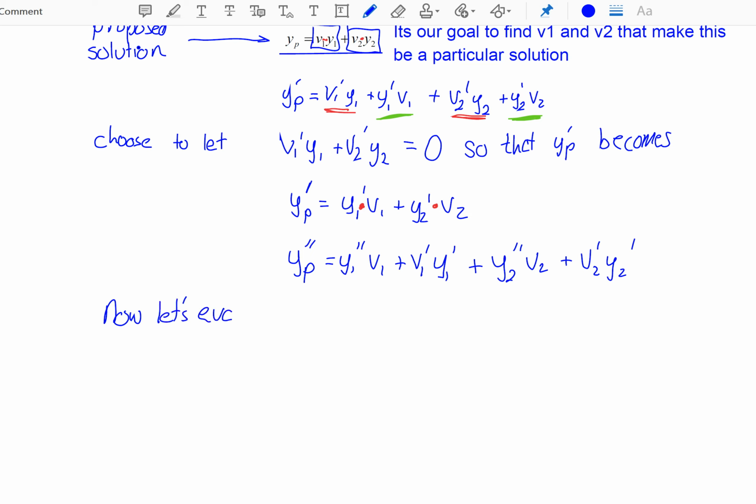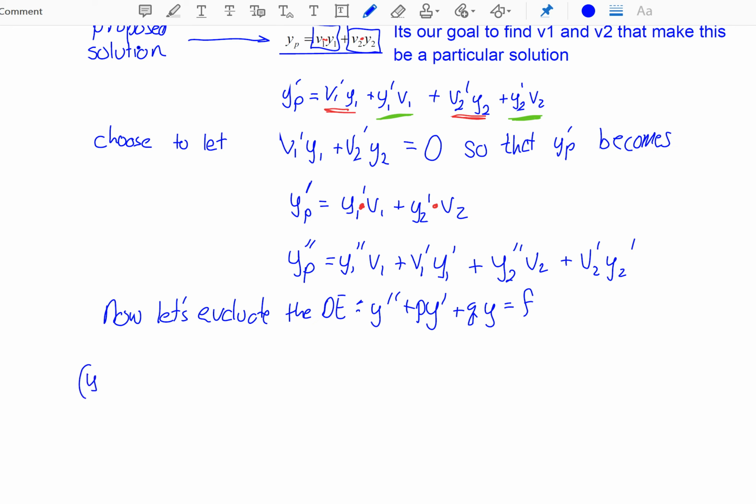Now let's evaluate the DE. So remember our DE was y double prime plus p y prime plus q y equals f of t. So y double prime is what I have first.